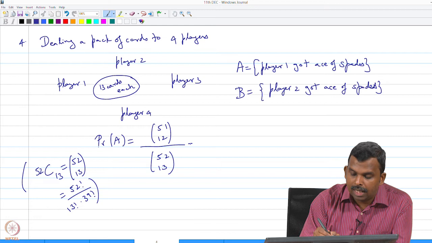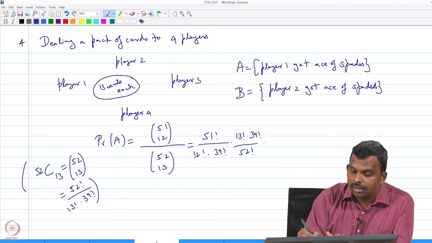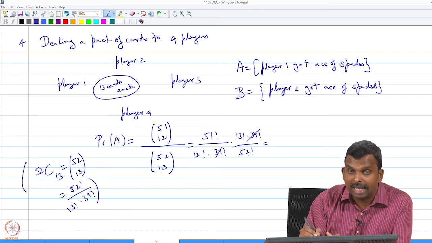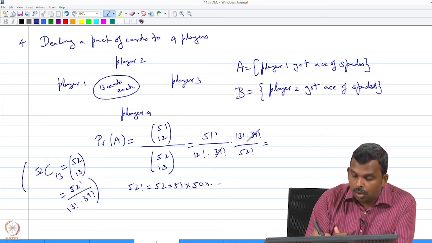Okay. So, if you do this calculation, you will have 51 factorial by 12 factorial times 39 factorial, times 13 factorial times 39 factorial by 52 factorial. Things will cancel and you will get, remember this will cancel, this will cancel. 51 factorial will cancel with 52 factorial. Remember what is 52 factorial? That is 52 into 51 into 50, so on till 1.